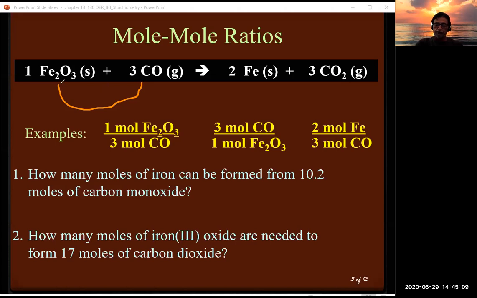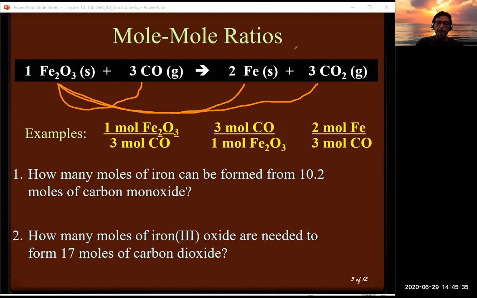So that's one relationship. Then you have the relationship between the iron(III) oxide and the iron. It's a second relationship. And then the third relationship is between the iron(III) oxide and the carbon dioxide. So you've got 3 relationships just with iron(III) oxide, and each one you can write 1 or 2 ways.